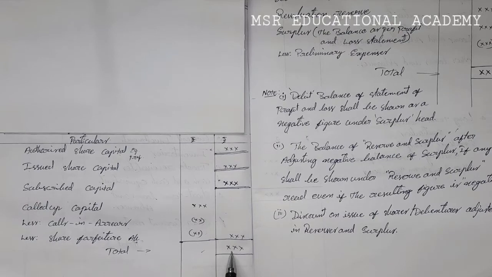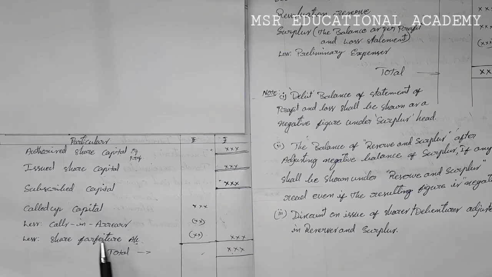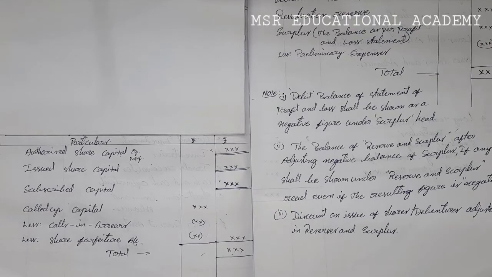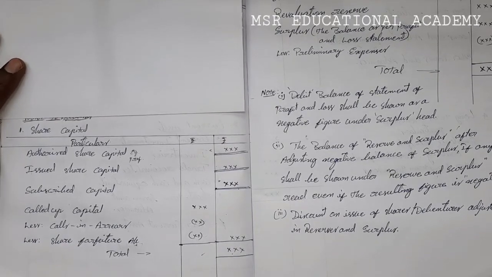If there is any paid up capital, that is the amount we can calculate, and in that situation there are no calls in arrears. These two accounts may not be there in that situation. So this is the first head, share capital.